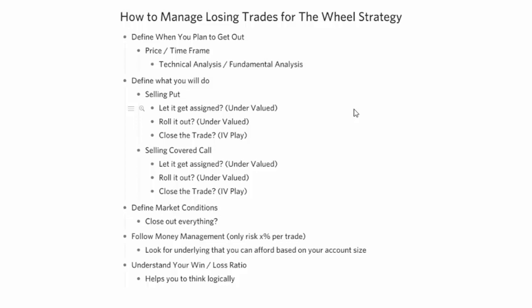And if not, we just roll it out and wait until it reaches the price point that we want to get out. So you can see by predefining when we want to get out, even if the position becomes a losing trade, we already know what to do in this first scenario.